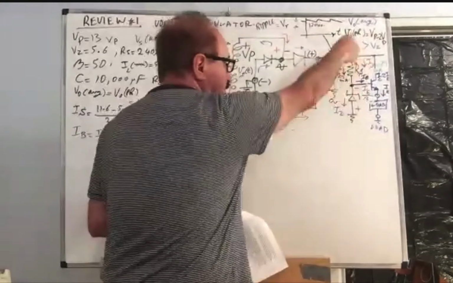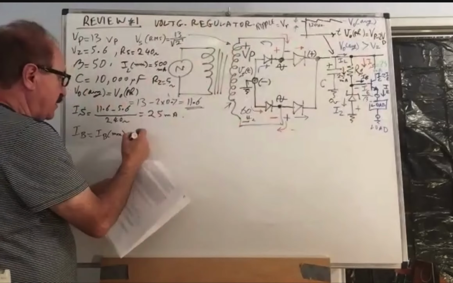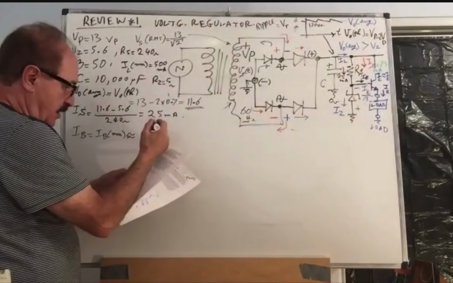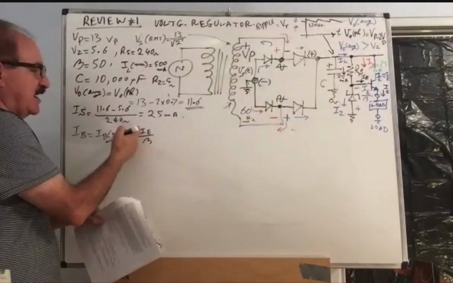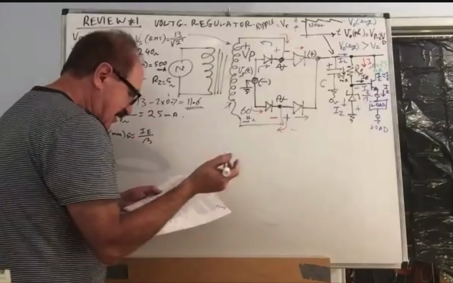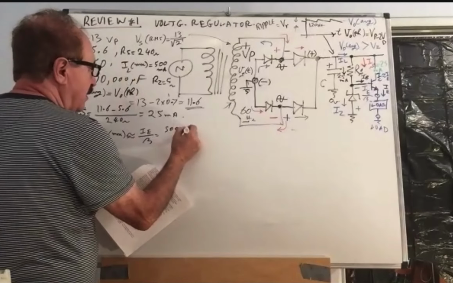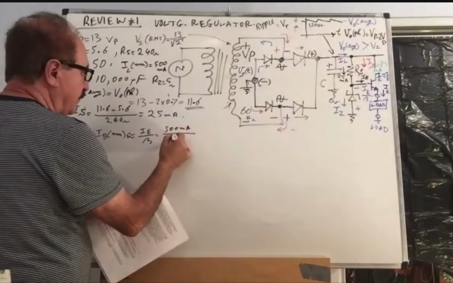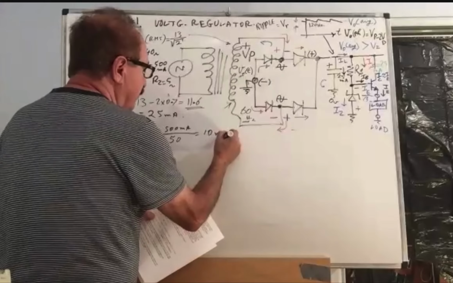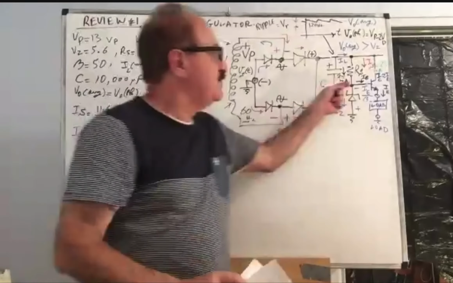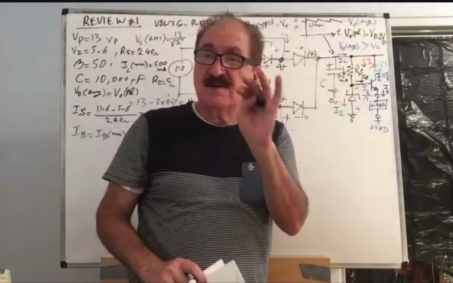We have 25 supply. That maximum current is going to be approximately IE over beta. It's like saying IC over beta. It's nearly the same. So it is going to be 500 milliamp divided by 50. Beta is 50. 10 milliamp. That's it.